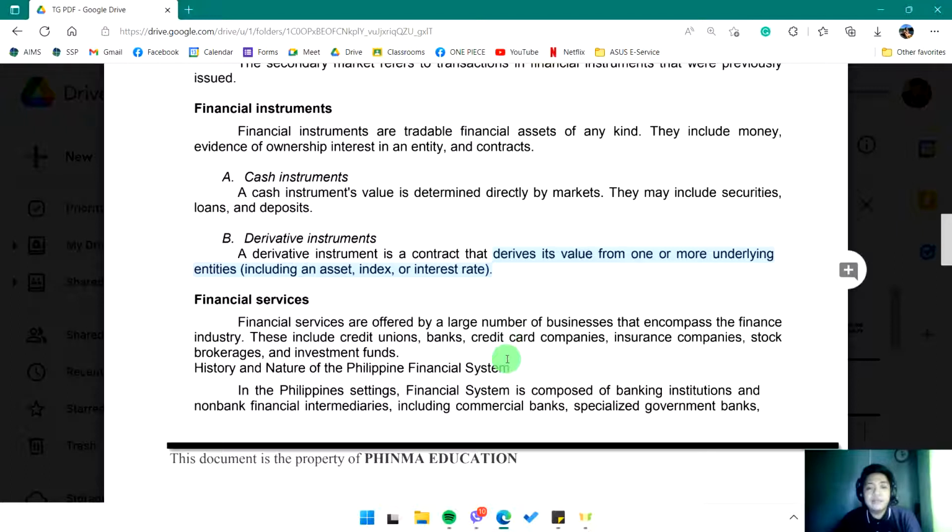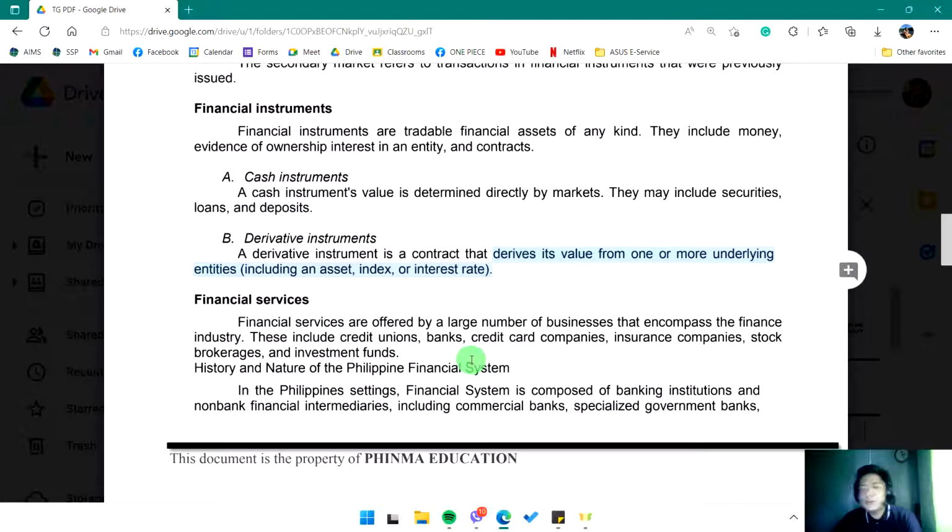Next, we have the financial services. Financial services, ito yung mga usually na ino-offer ng mga financial institutions natin, ng mga bangko natin, services that are offered to their clients. Pwede mo itong gamitin as, yan nga, to save up your money.